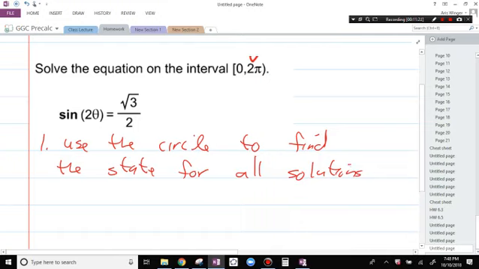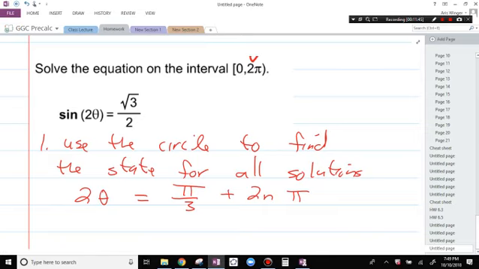So from the circle, 2 theta equals, what angle gives you square root of 3 over 2? It's pi over 3, right? Plus 2n pi. So 2 theta is equal to pi over 3 plus 2n pi.